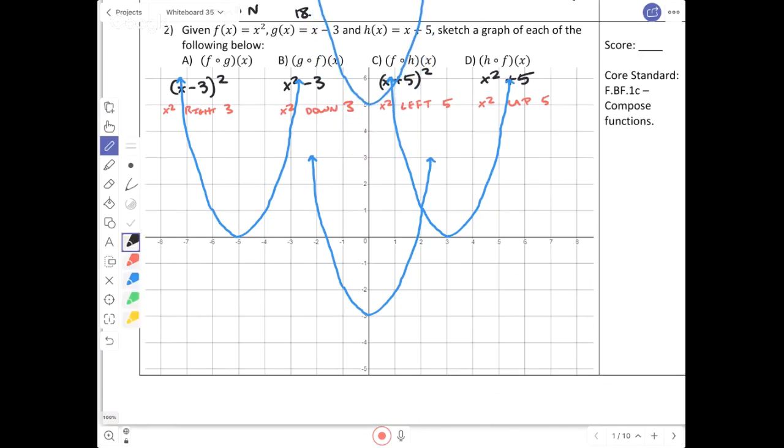And I'm going to label each. So right 3, this is part A. And then down 3, that's part B. And then left 5, that's part C. And then up 5, that's part D.